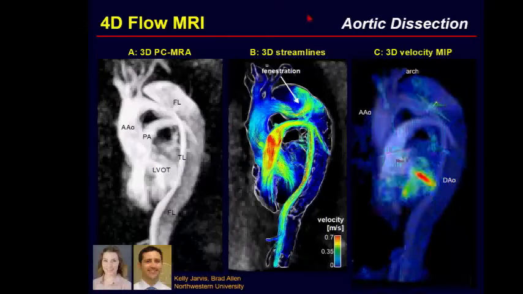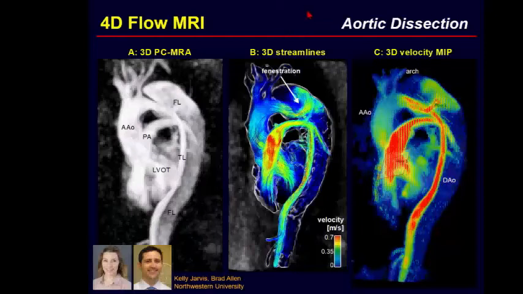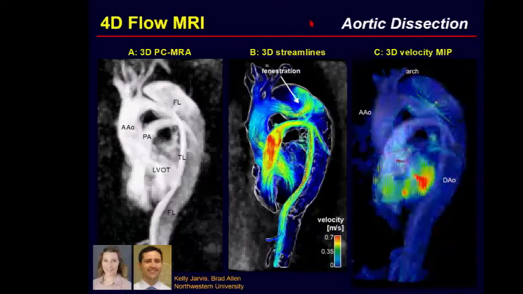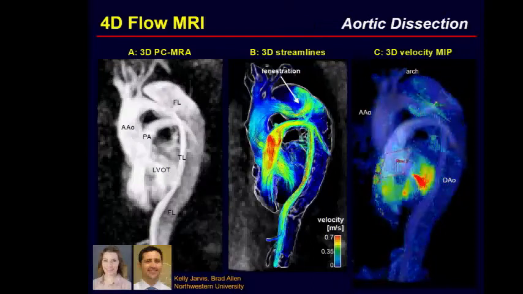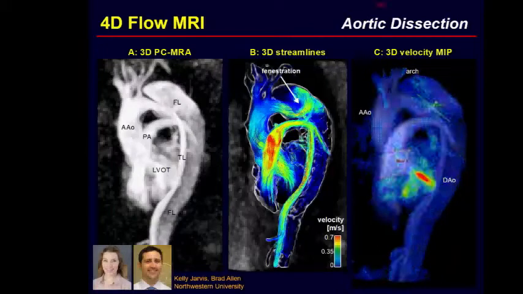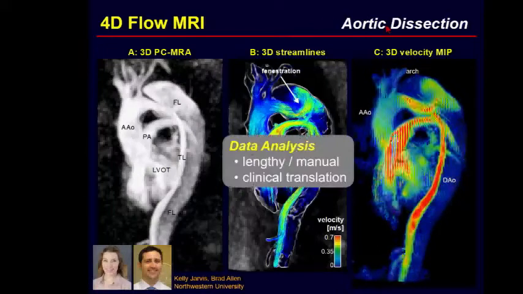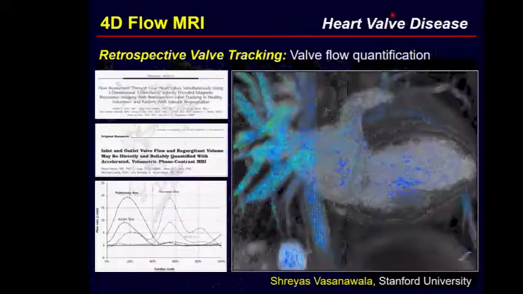But the curse really is, how do you do this very efficiently? And how do you really exploit the 4D information that you have in the data so that it makes clinical sense? So what are really the key applications? And once you have identified those, how do you make it work very efficiently? I'd like to show a couple of examples that also talk about the clinical translation of the techniques.